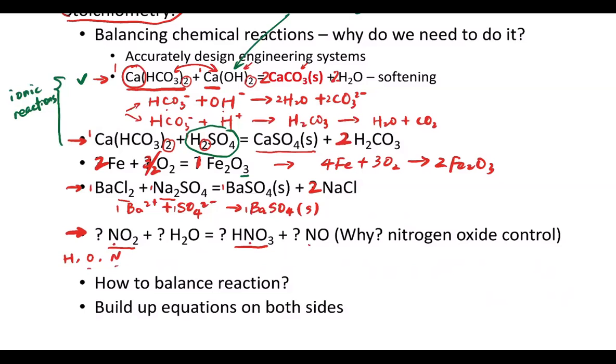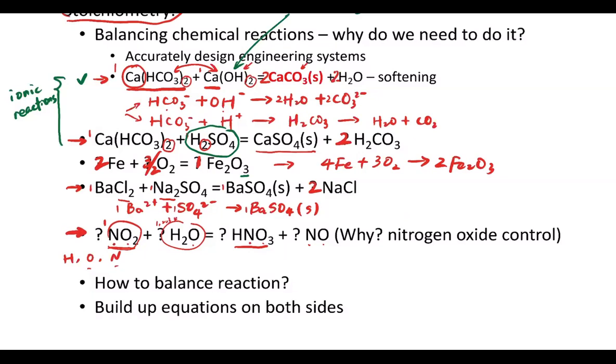Oxygen is showing up in all of these compounds. So we cannot assume that these two are reacting at a 1-to-1 ratio, because they can actually react in any ratio, right? If we assume this to be 1, this can be 1, 2, 3, 4, anything.